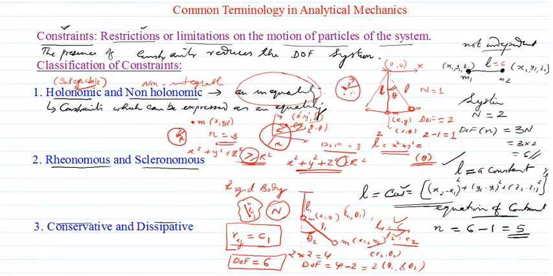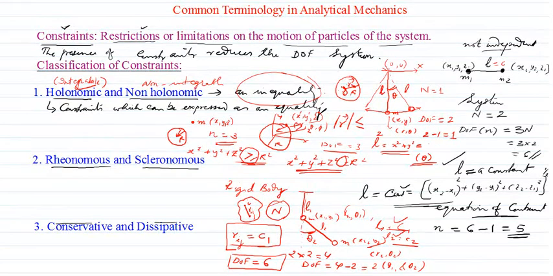Okay, so you can see that there exists a constraint. What is the constraint? The constraint is that the molecule can move well inside the sphere along x, y, and z direction, but there is a condition that the magnitude of the position vector should be less than or equal to a. Let me say a is the radius of the sphere and r is the position vector of the particle, taking an arbitrary origin at the center of the sphere.